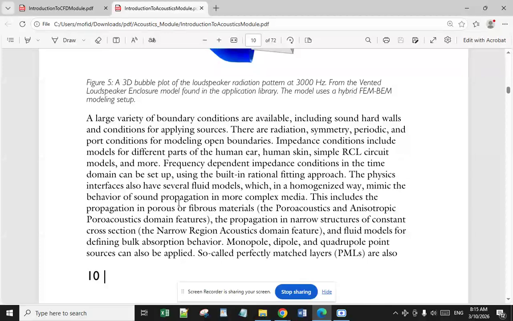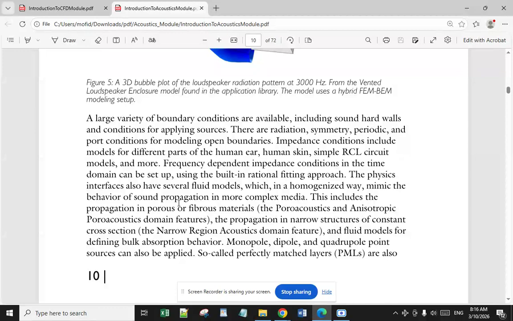This includes the propagation in porous or fibrous materials, the Poroacoustics and Anisotropic Poroacoustics domain features, the propagation in narrow structures of constant cross-section, the Narrow Region Acoustics domain feature, and fluid models for defining bulk absorption behavior. Monopole, dipole, and quadrupole point sources can also be applied.